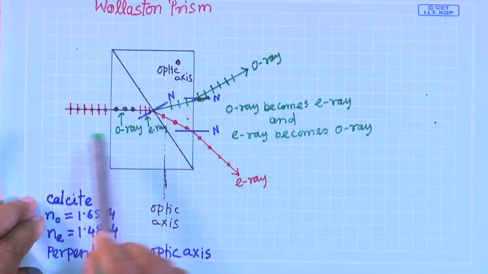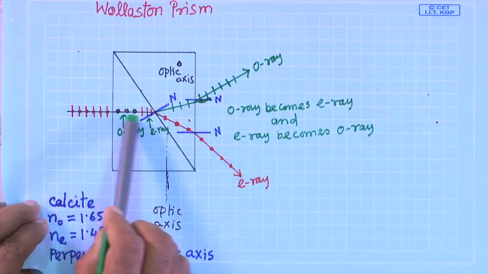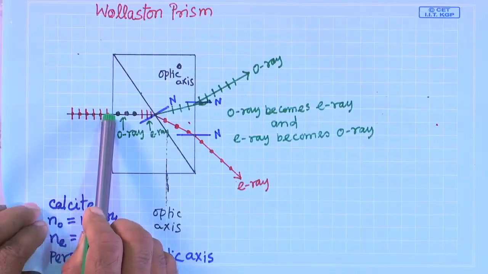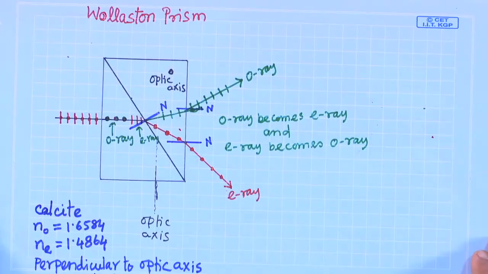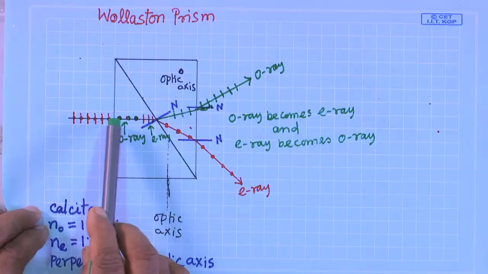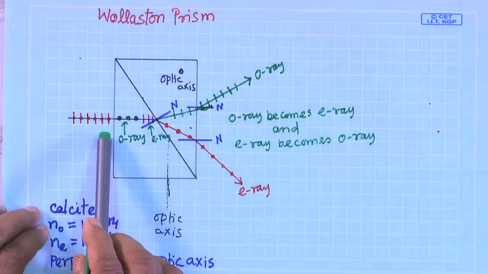Okay. So, here when the unpolarized light is entering, it is going perpendicular to the optics axis, not parallel to the optics axis. Okay.